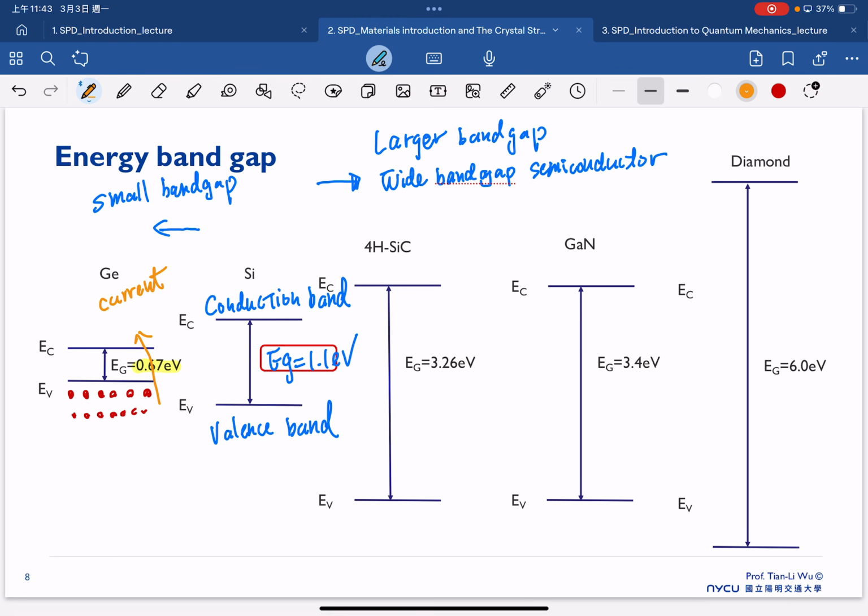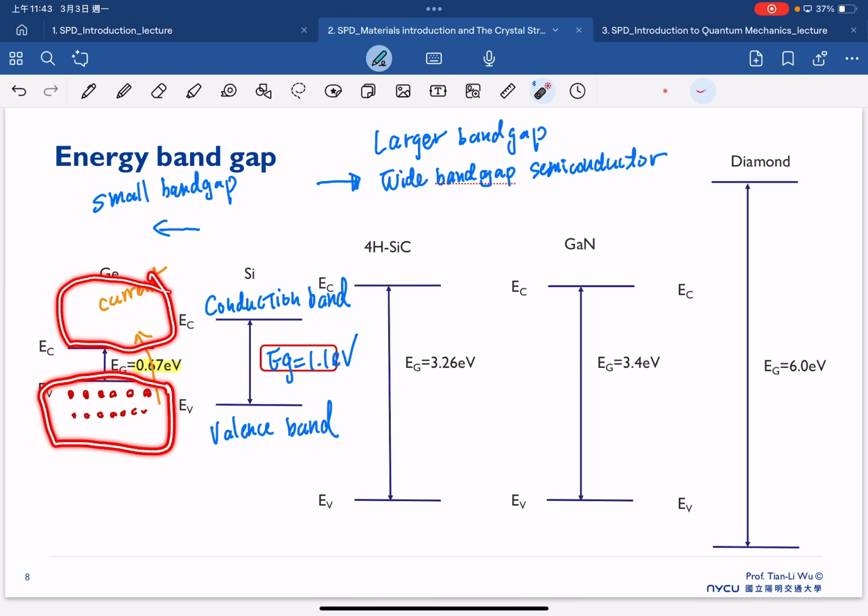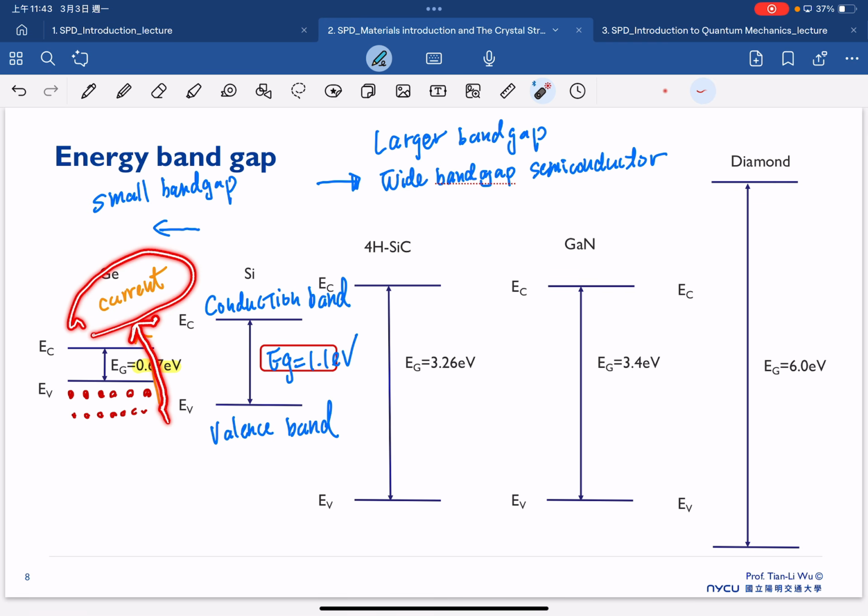So that's an easy and the most important implication of the band gap: this region is full of electrons, this region is empty, and therefore the electrons will try to cross the band gap and reach the conduction band, and this will become the current.